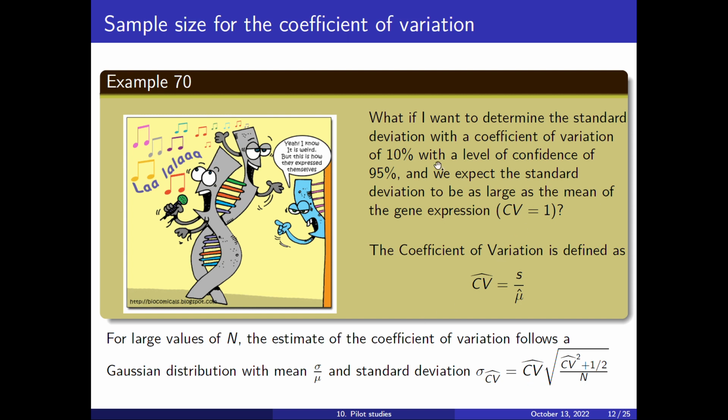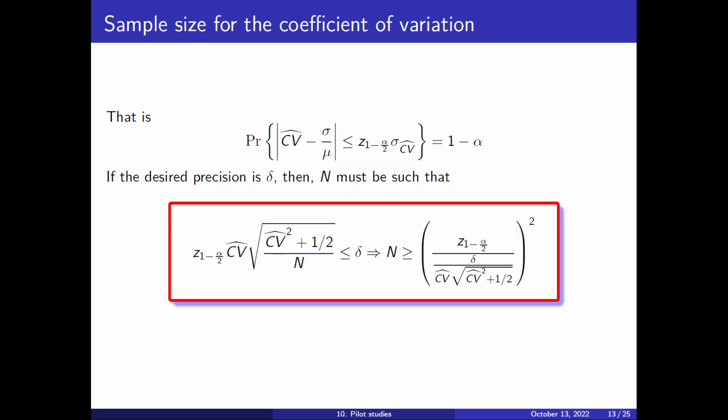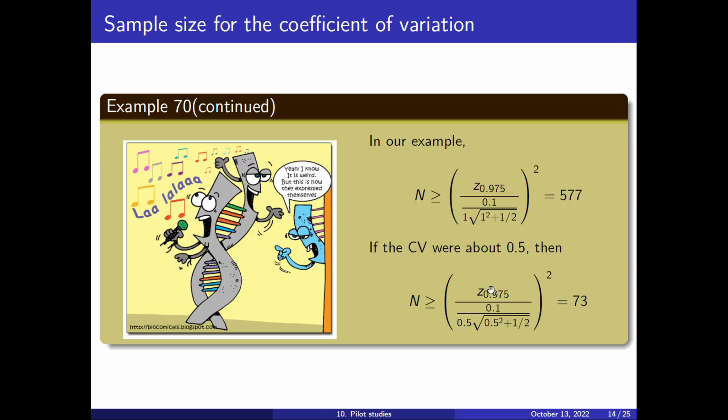But let's say that in this gene expression we foresee that the standard deviation will be more or less as large as the mean, so the coefficient of variation is around 1, and this thing is distributed as a Gaussian, so you have the Gaussian confidence intervals, and then we have the typical sample sizes for a Gaussian confidence interval. It is the confidence term divided by the effect size, or the width of the confidence interval, normalized in a proper way. So again, we substitute and we get about 600.